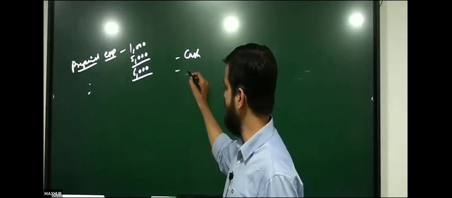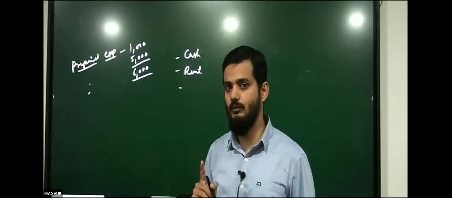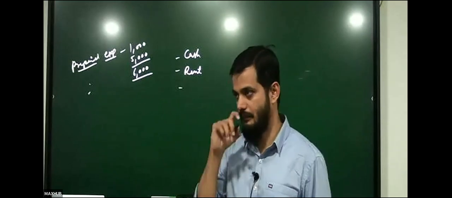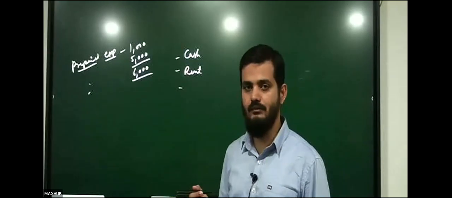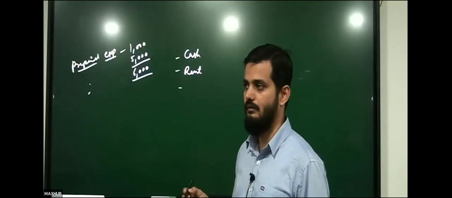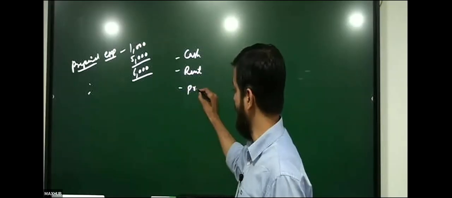So it will have multiple accounts. First is cash. Next is rent expense. Next, one more is there. An asset for rent in advance. What is the name of that asset? Prepaid rent, or rent paid in advance.